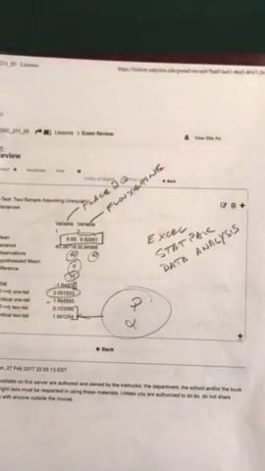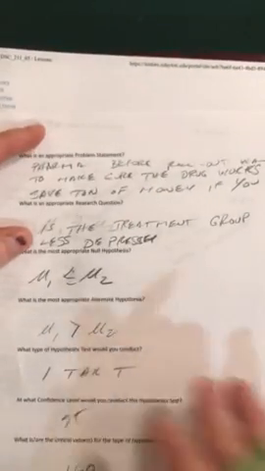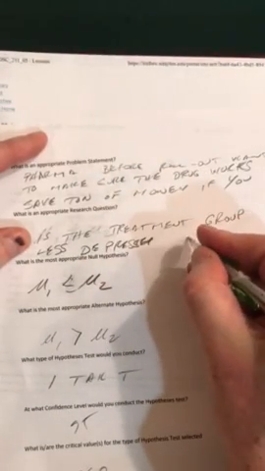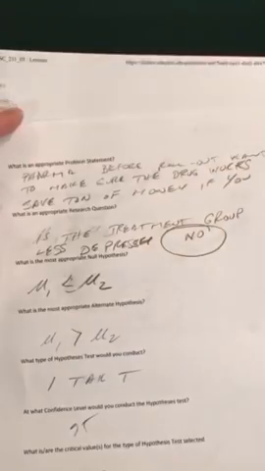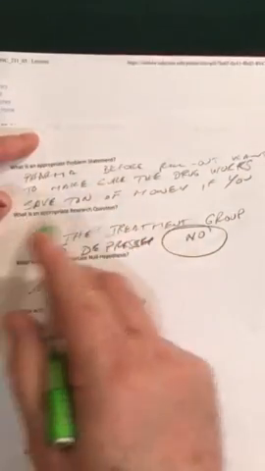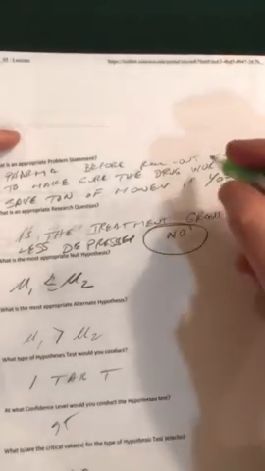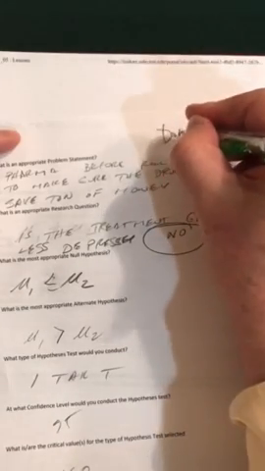So going back to the original question, is the treatment group less depressive? The answer is a clear no. So this is a loser. You want to make sure of this because you don't want to roll a product out to the market that doesn't work, and in this situation, you're finding it doesn't work.